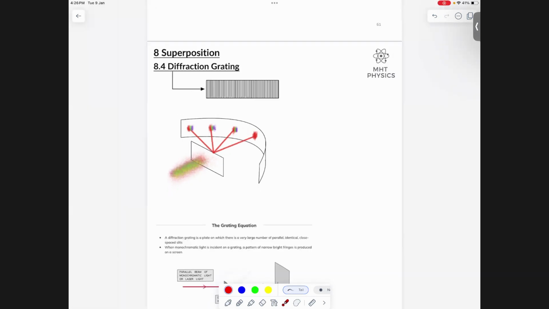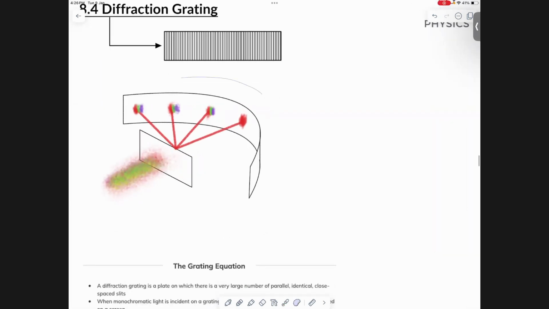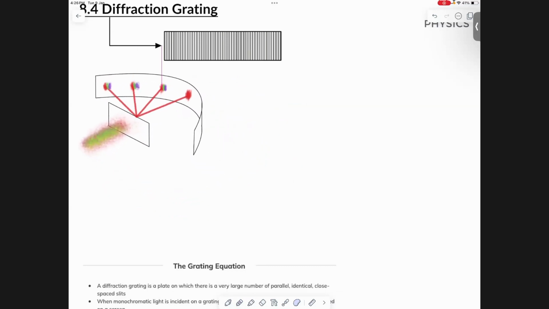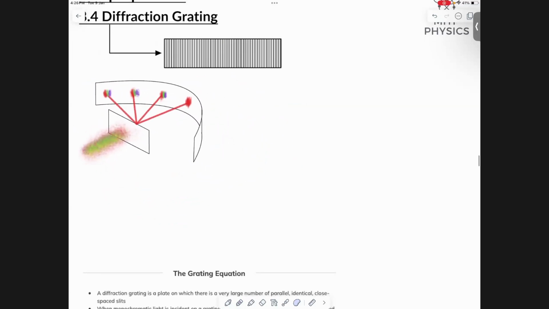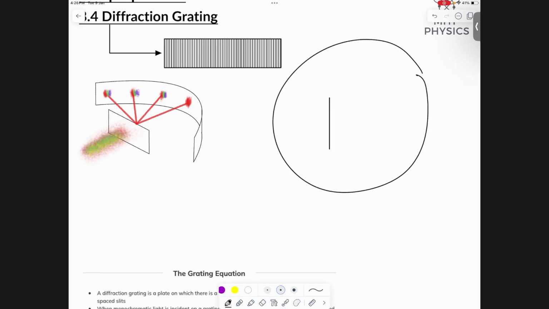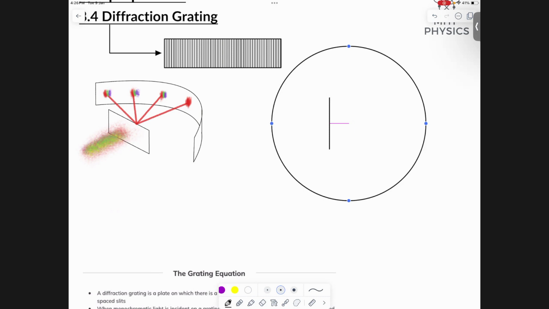So আমাদের syllabus কি লাগবে? Our syllabus wants us to understand the math behind this, and the math is pretty straightforward, to be honest. দেখো কি হয়। So আমরা top view থেকে setupটা দেখবো। So from the top view, when you look at the setup, you'll find that there's the diffraction grating here, and the screen যেটা use করতে হয় has to be a semicircular screen.